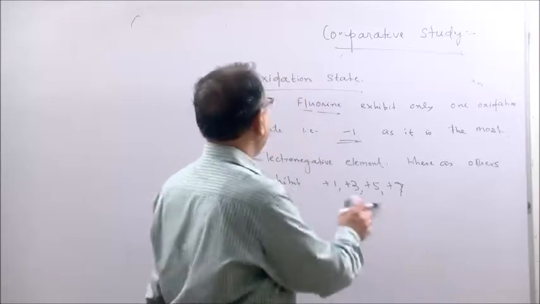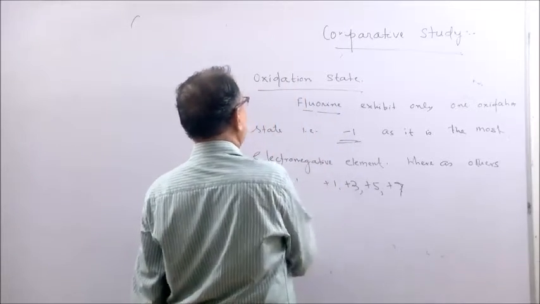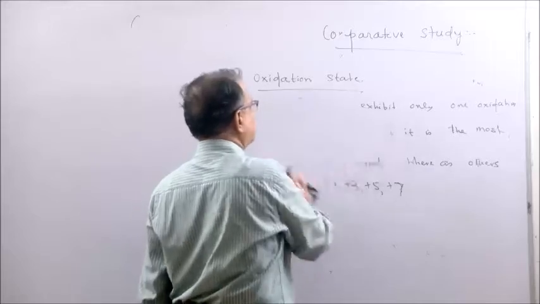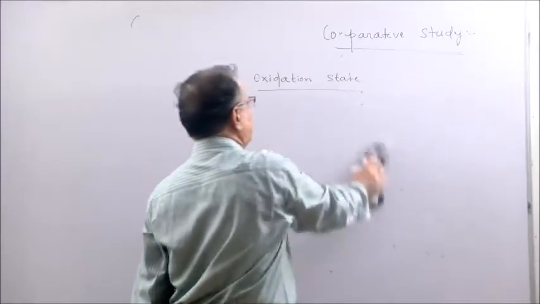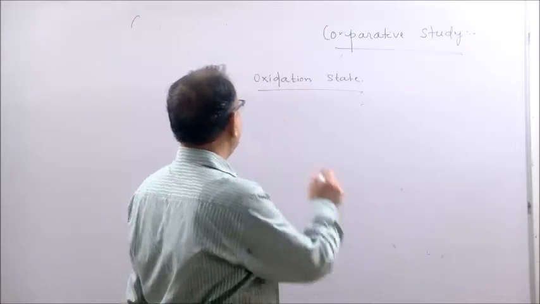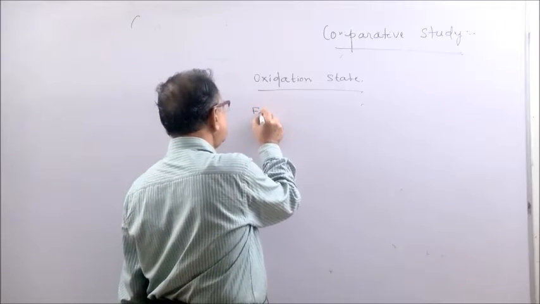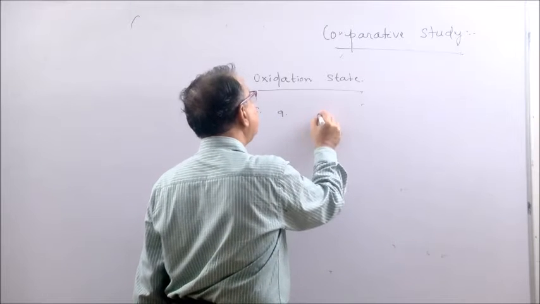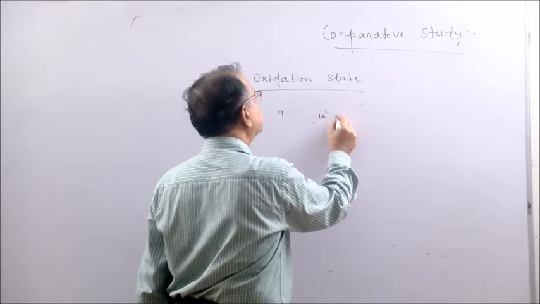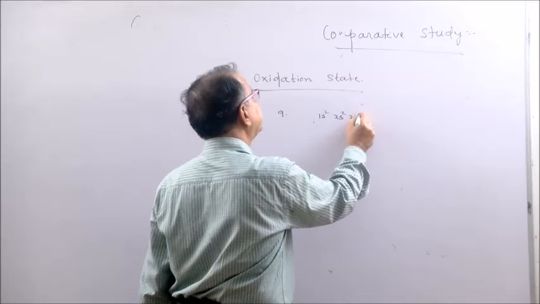That can be explained by taking the electron configuration. Let us discuss why fluorine exhibits only -1, while the others exhibit higher oxidation states. Fluorine, atomic number 9: 1s2, 2s2, 2p5.